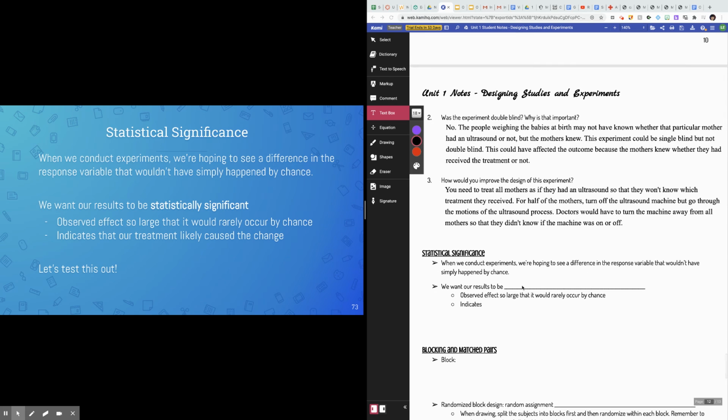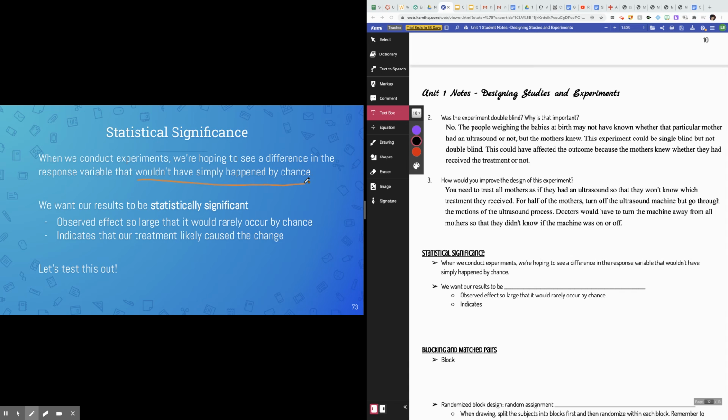All right. Okay, last little bit here is I'm going to talk about statistical significance. Let's say you conduct an experiment and you go through this whole process and you get your data. The point of doing all of that is to see a difference in the response variable that wouldn't have simply happened by chance. If your experiment is well designed, you have the replication, the control, the random assignment, and the comparison.